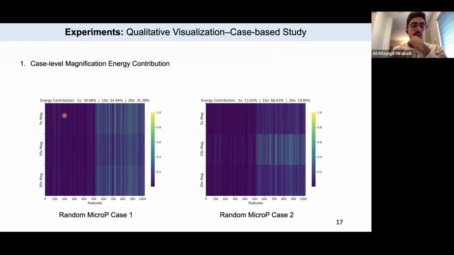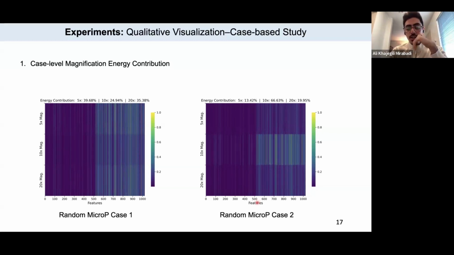So the first thing is that you may be curious about how the energy contribution is for different cases. For example, these are two random micropapillary cases from the dataset. For one of them, the model has spent around 40% on 5x and 36% on 20x, which is shown in these bars. The first row is 5x and the third row is 20x. And as we can see, the middle row, which is 10x, is not as important for the model.